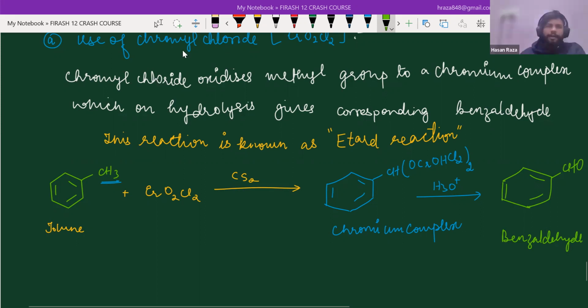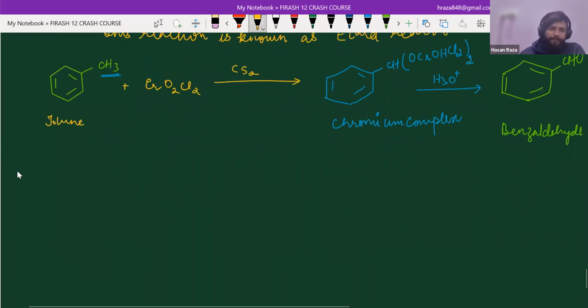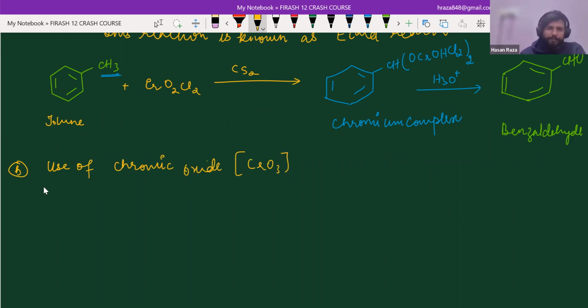Now the next method to oxidize this methyl benzene is use of chromic oxide. B is basically use of chromic oxide. Now, directly I'm going to write the reaction. So this is your toluene or methyl benzene.